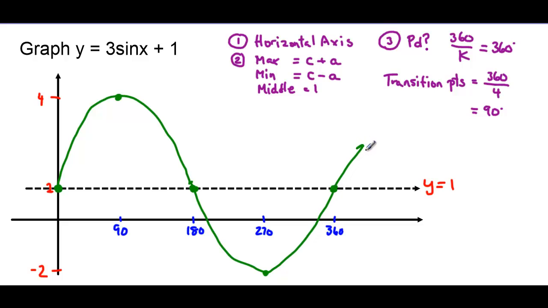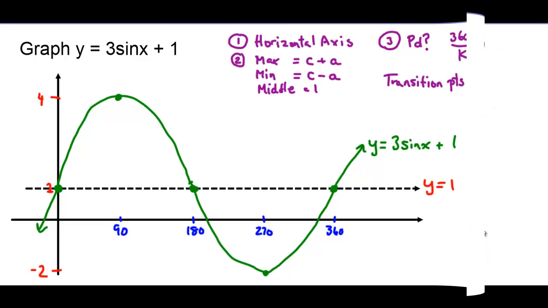And we want to extend it beyond the last point and extend it beyond the first point. It's not the prettiest graph in the world, but it does its job. We're finally just going to write our equation, y equals 3 sine x plus 1, and we're finished. All right, we've got one graph out of the way.